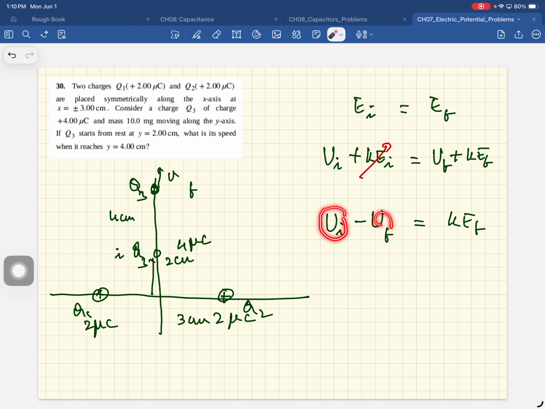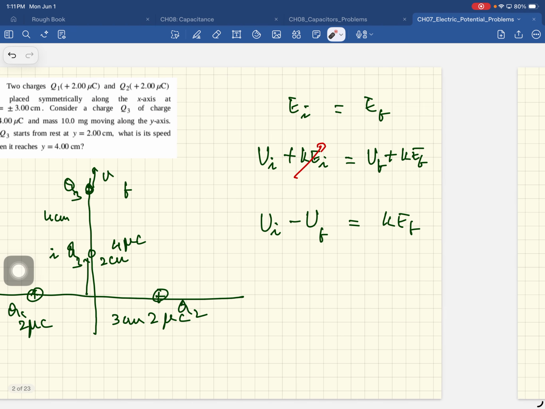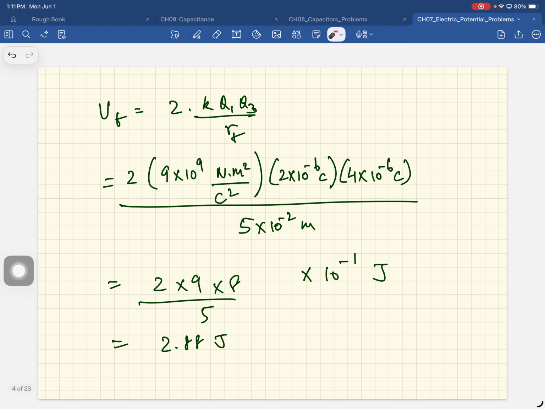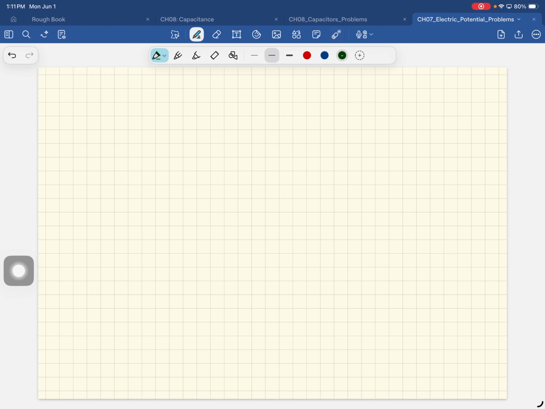All right, so that integral is along path 1, E dot dr, plus integral along path 2, E dot dr. Okay, along path 1, and I'm using funky notation.